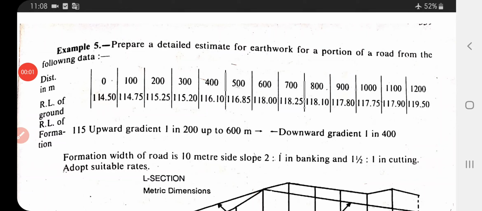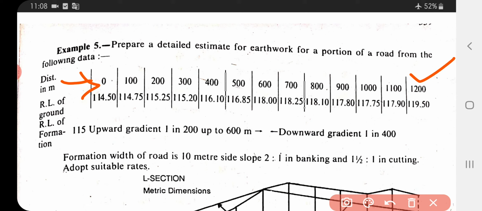Good morning, students. Today I'm going to solve one more example on road earthwork. Let's start. Here you see in the question, distances are given in meters from 0 to 1200.